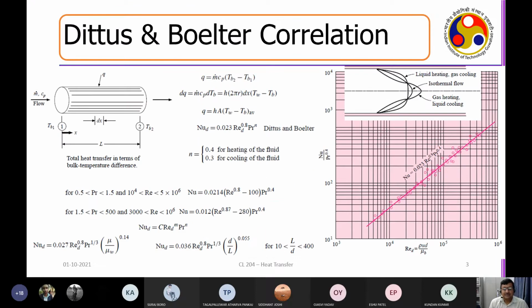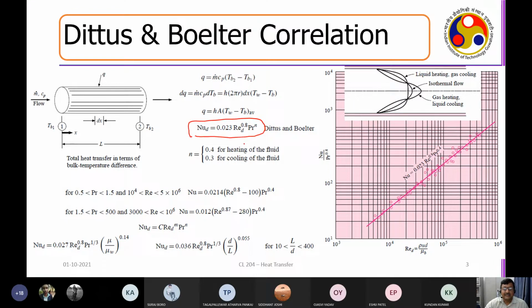Great. Now, we derived a particular form of this equation, which is the Dittus-Boelter equation. There, the exponents were a bit different.